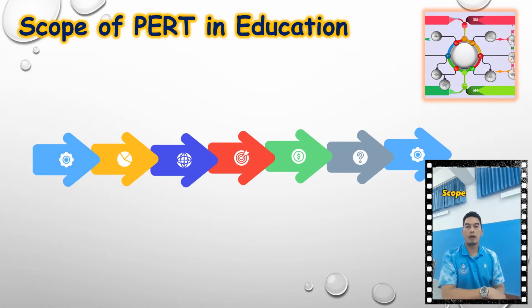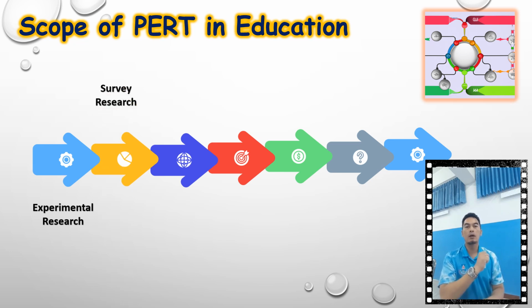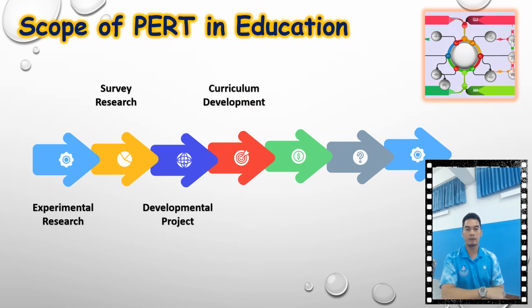Now let's talk about the scope of Program Evaluation Review Technique. So many models exist to illustrate areas where PERT can be applied. But if we specifically consider areas of education, the following are the most important ones. So we have experimental research, and then we have survey research. We have also developmental projects and curriculum development, educational service project.